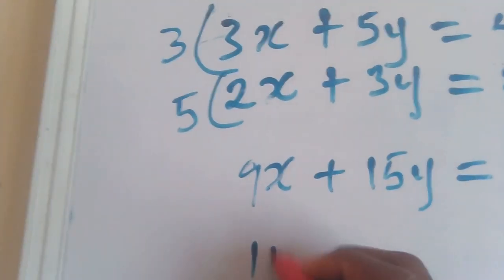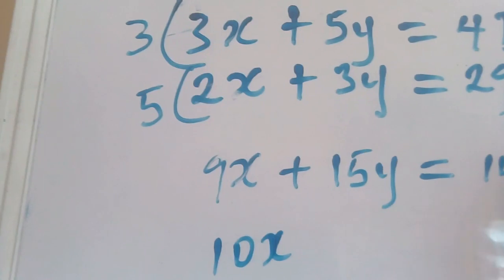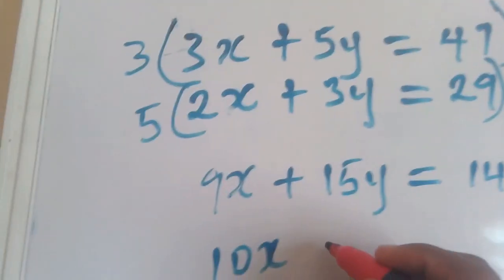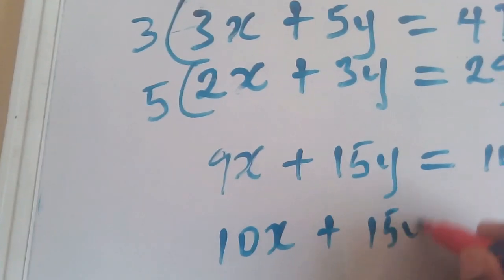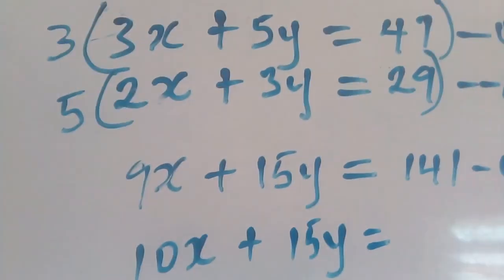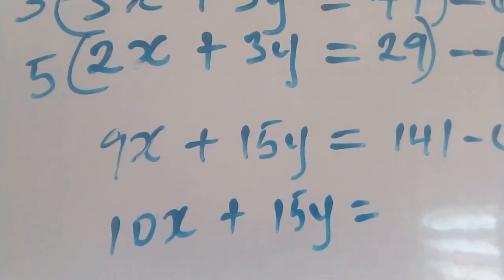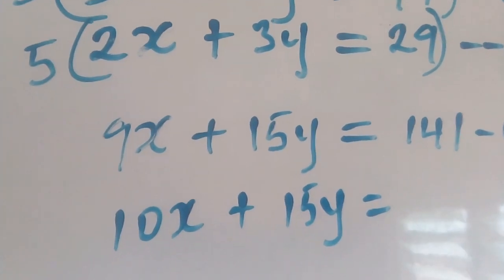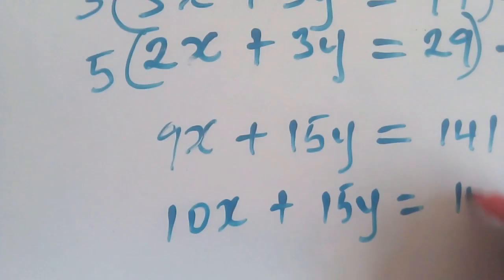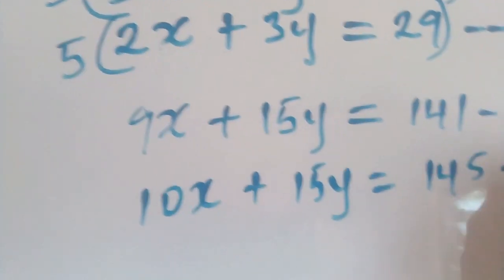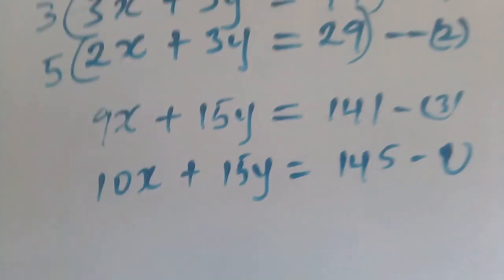This is equation 3. Then 10x plus 15y equals 29 times 5, that will be 145. Equation 4. So this is what we have.